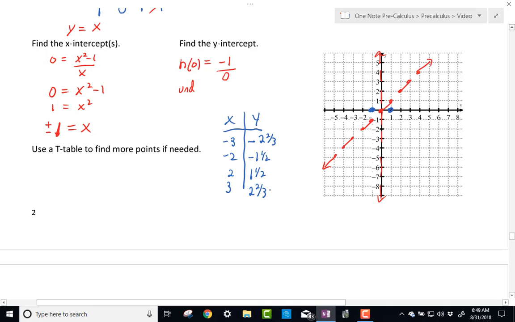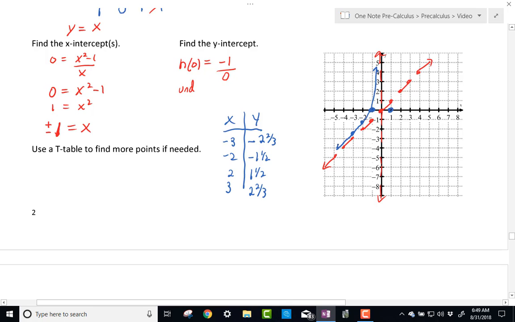All right, so let's graph these guys. Negative 3, negative 2 and 2/3 right above the asymptote. Negative 2 is negative 1.5. Look at the curve on this guy. Pretty extreme on this side. So on this left side, we're coming up against the vertical asymptote, and then we're rolling down below the x-axis and right against the horizontal asymptote.